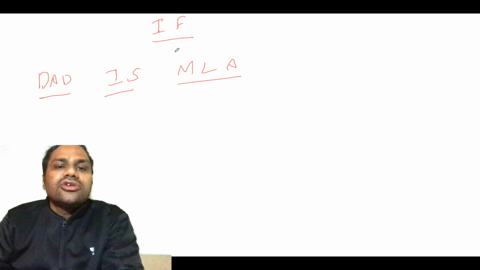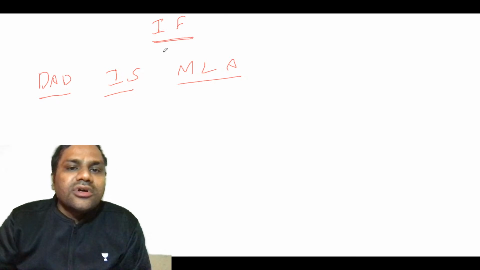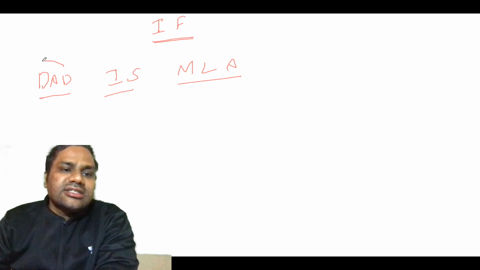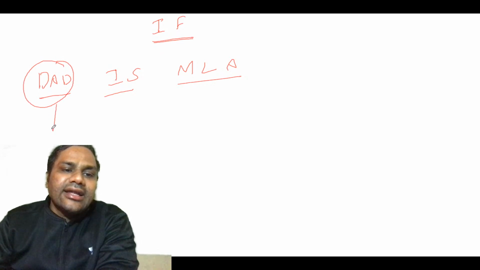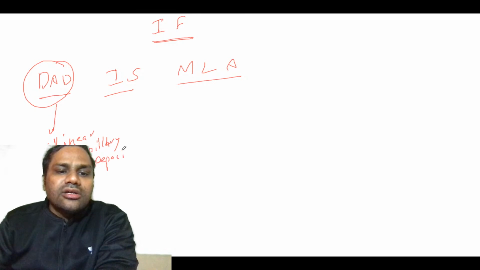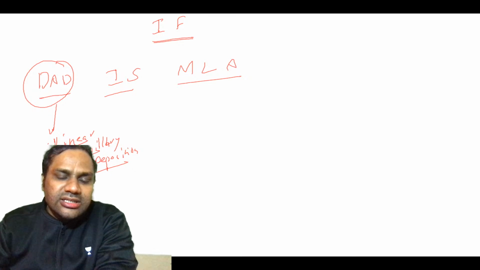You can remember the IF of almost all types of renal disease. What is DAD? DAD is linear capillary deposition. In linear capillary deposition, DAD means D for dense deposit disease.